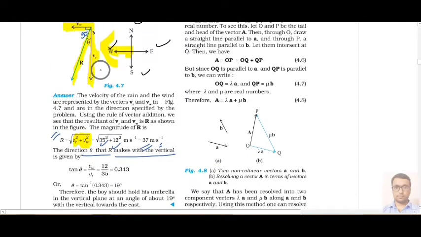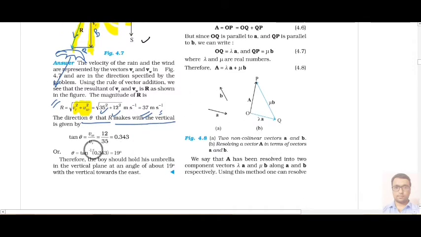Here you can see, if rain appears to fall in this way, then the boy will hold his umbrella in this direction, just opposite to the direction of rain. So this theta can be given by perpendicular upon base, and we know that this perpendicular is 12 and base is 35. So this will be our answer, 19 degrees.